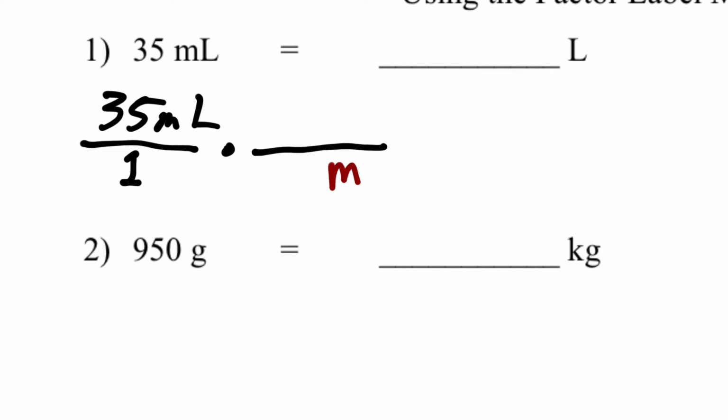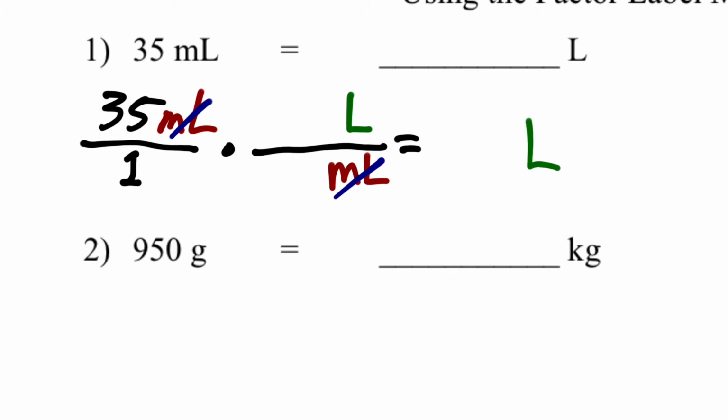So it should be milliliter on the bottom, and then the target unit on the top. That gives us a chance to see the conversion, because if the unit is in the numerator as well as in the denominator, it allows us to cross them out. Once you cross them out, you get to the final unit, which in this case is liters.